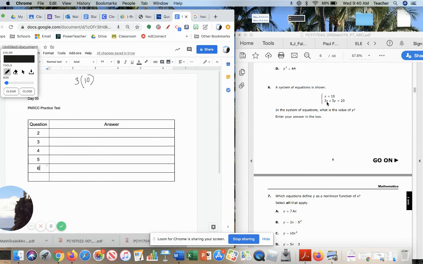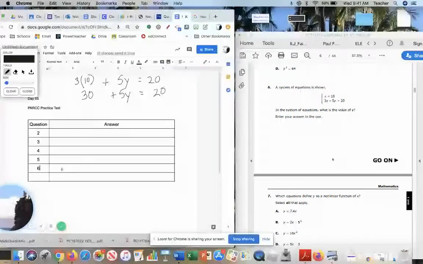So I don't have to write x, I can write 10. So 3 times 10 plus 5 times y is equal to 20. So of course this is 30 plus 5y equals 20. And then you're just going to subtract 30 from both sides, divide by 5. That's going to be your answer. You're going to put that right there.